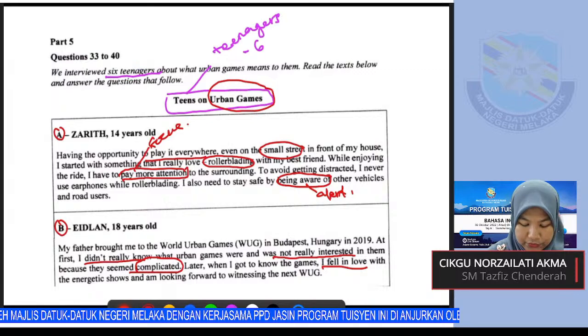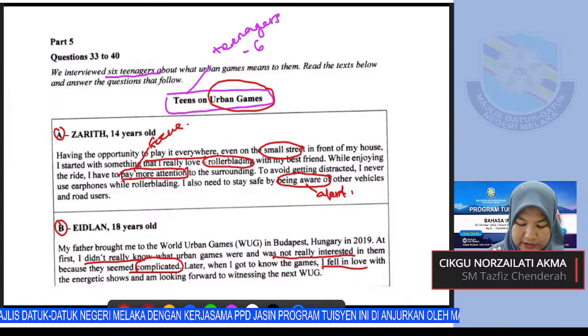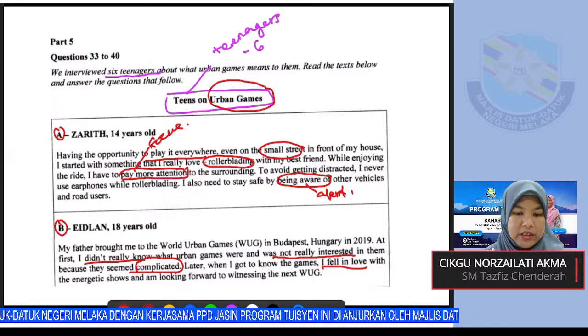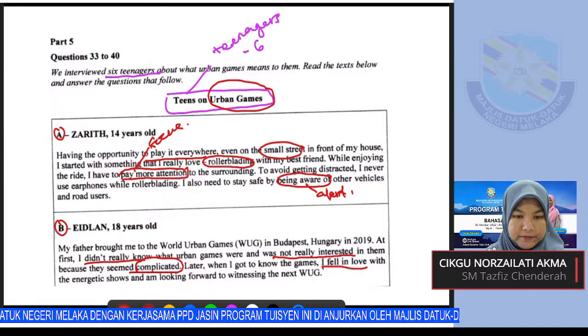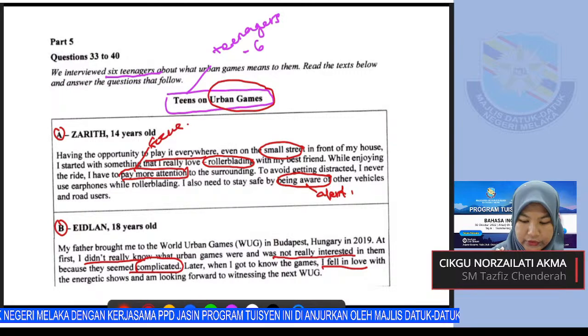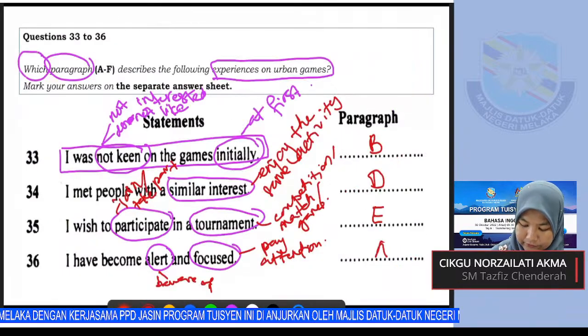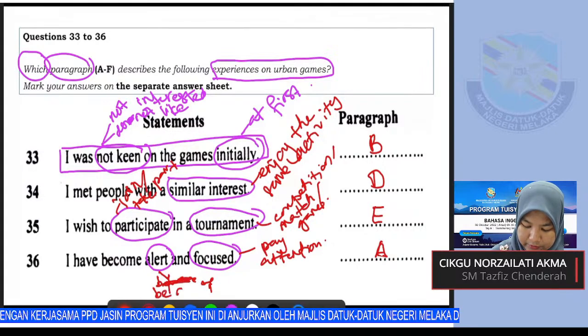Which one, A or B, has the keyword of pay attention or being aware of? So it is A. Sorry, here. Be aware of.